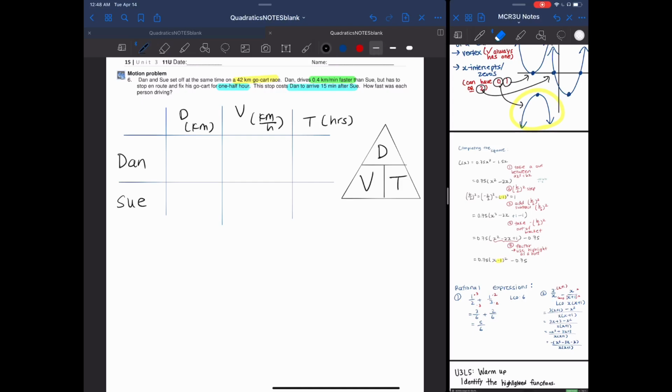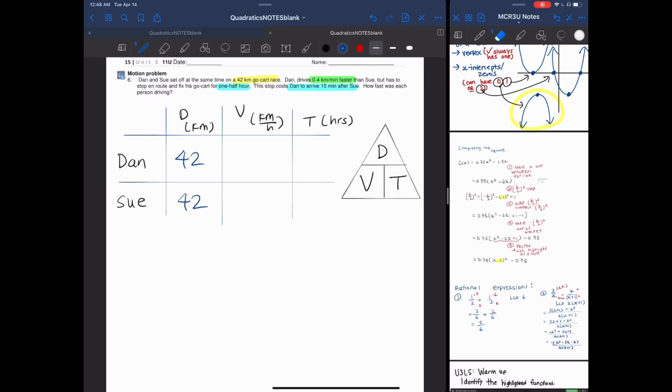Okay, and so let's fill in the chart based on what we're given. So the easiest part is, okay, they're traveling the same number of kilometers because they're both going on this go-kart race, and they're the same distance all the way around, right? So that's consistent. Let's go to the speed. So we have Sue, and we have Dan.